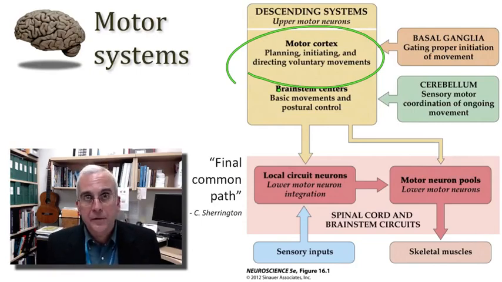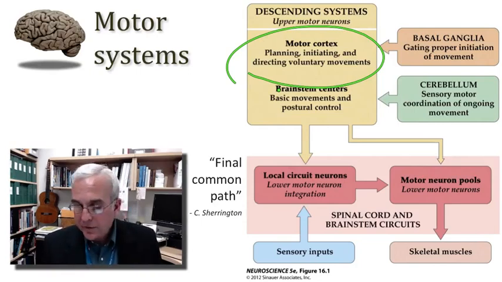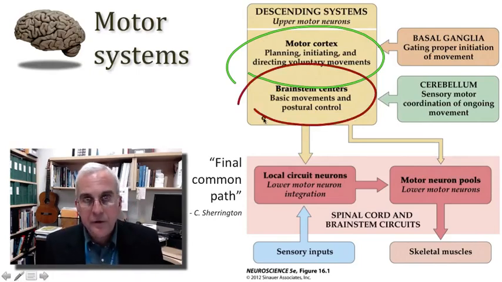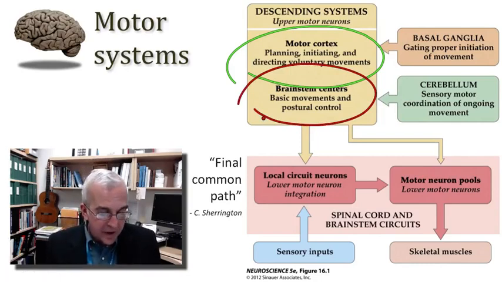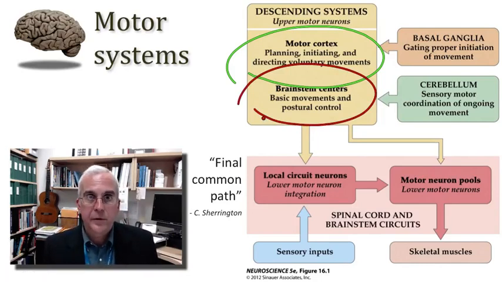expression of skilled behavior. So in addition to these motor cortical areas, let me just say a word about these brainstem centers that we'll come to in a different part of this tutorial. These brainstem centers are organized aspects of movement that I like to think of as setting the stage for the expression of skill.